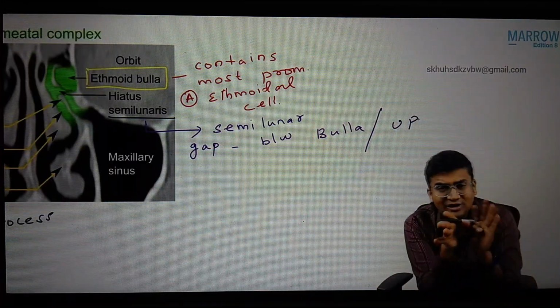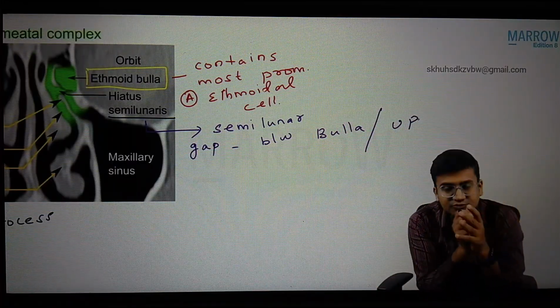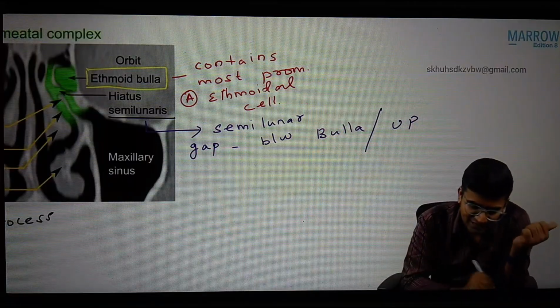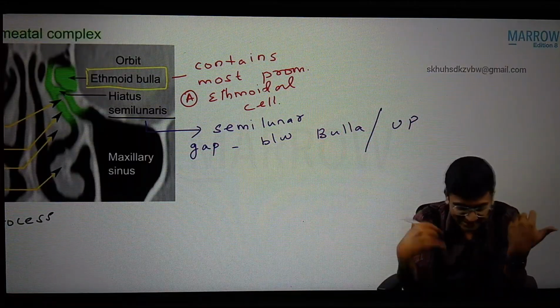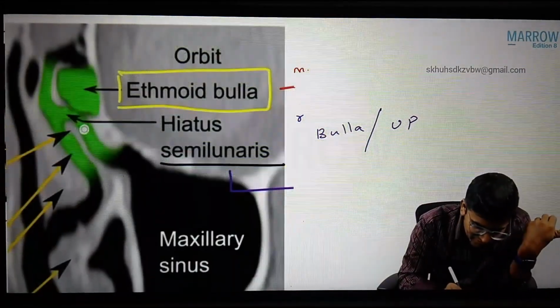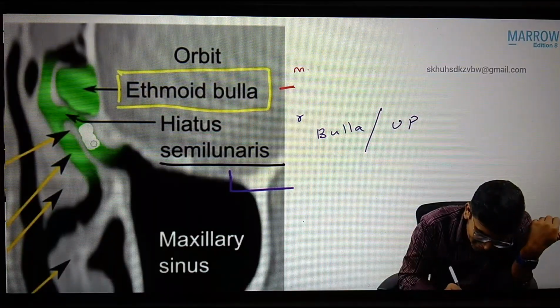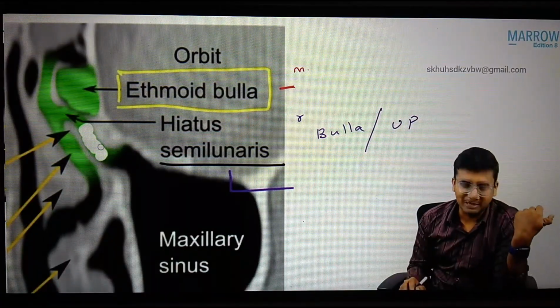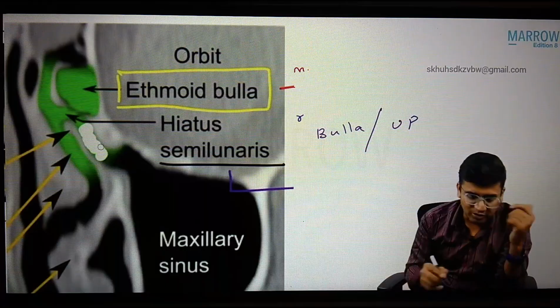Now, if you go inside the hiatus semilunaris, then we have a three-dimensional space, and that is called the ethmoidal infundibulum. See this area? I'm shading this part in white color. That is our ethmoidal infundibulum.